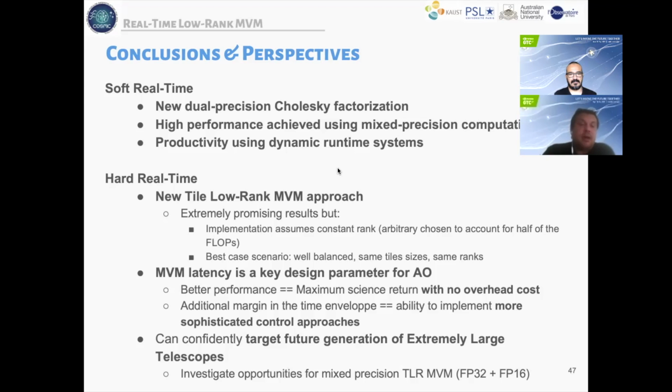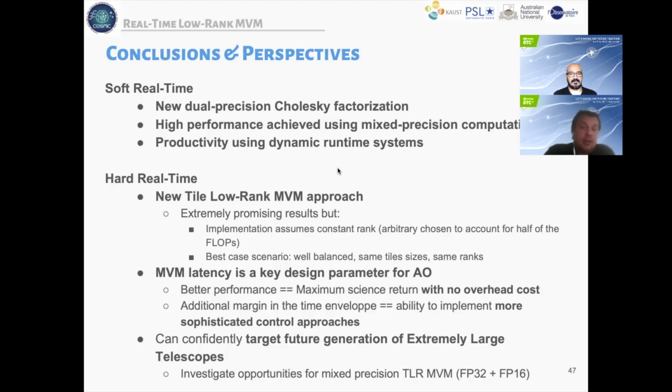And let me remind you here that matrix vector multiply latency is really a key design parameter for our adaptive optics system. Better performance means maximum science return, but it also means that we have an additional margin in our very tight time envelope. And this means that we will be able, with this margin, to implement even more sophisticated control approaches and increase even further the final performance of our adaptive optics system.